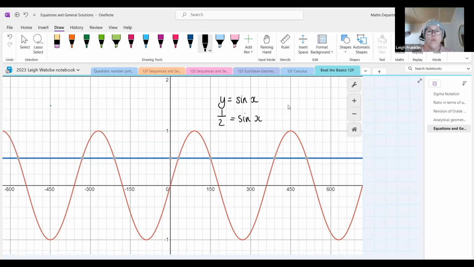When they ask us to solve for x, this is where your reference angle and the quadrants come in. So you look at the value of the half and you say to yourself, okay, that is a positive number, which means that I need to find a solution working from quadrant 1 and quadrant 2.